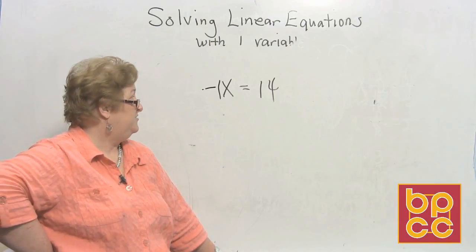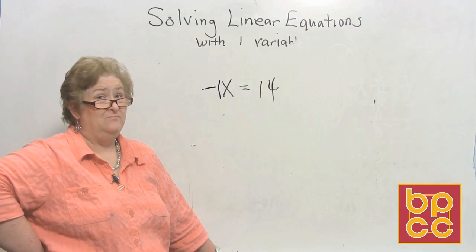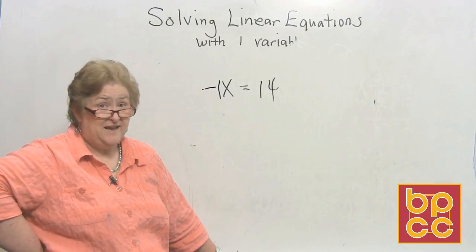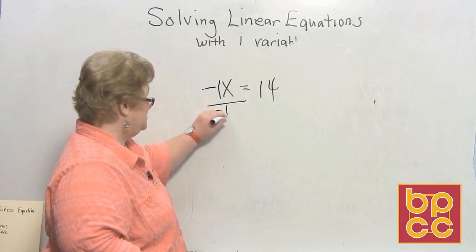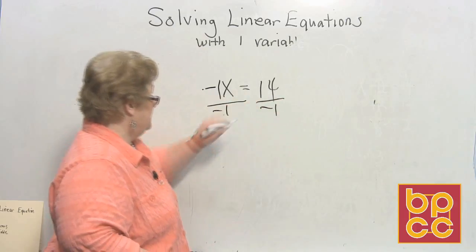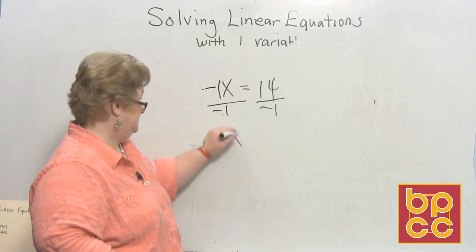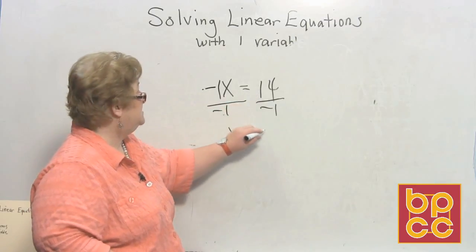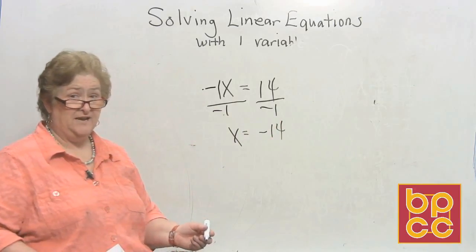So what we're going to have to do is divide both sides by the number of x's we have. And we have 1, and it is negative. So I'm simply going to divide both sides by a -1, because a negative into a negative makes a positive x. And a -1 into a positive 14 makes a -14. So there wasn't any movement taking place here.